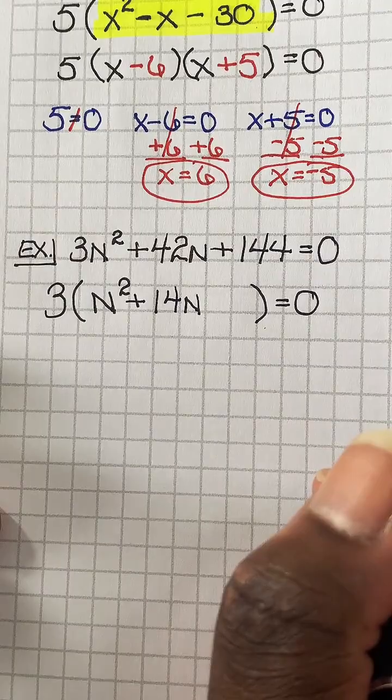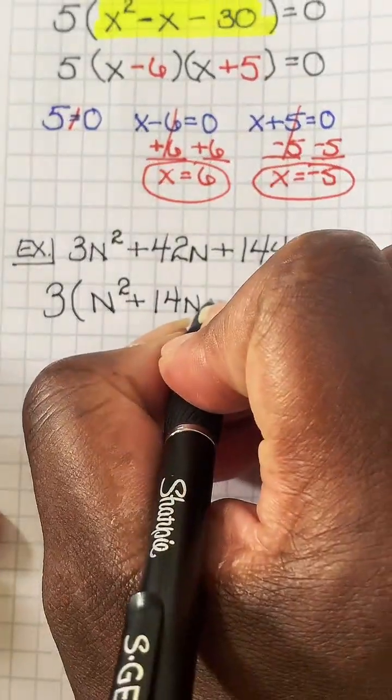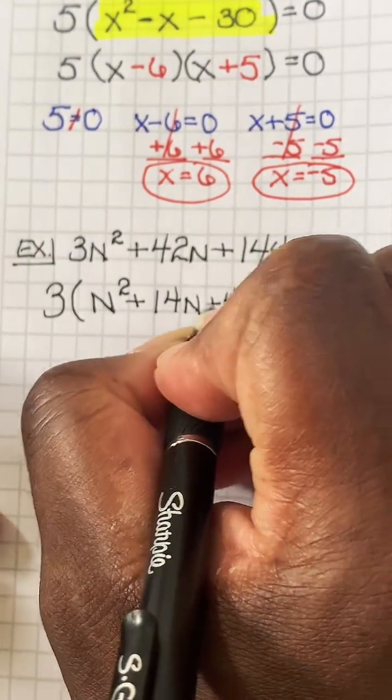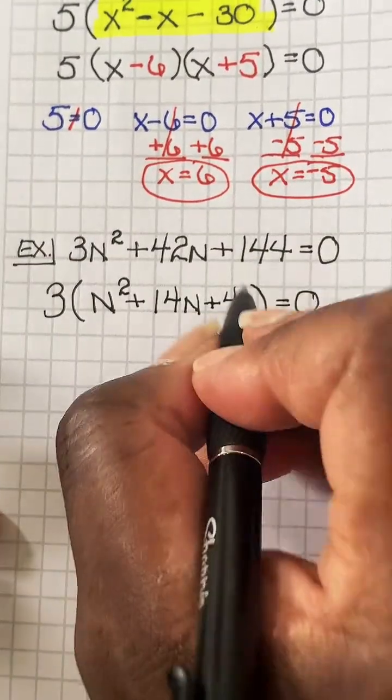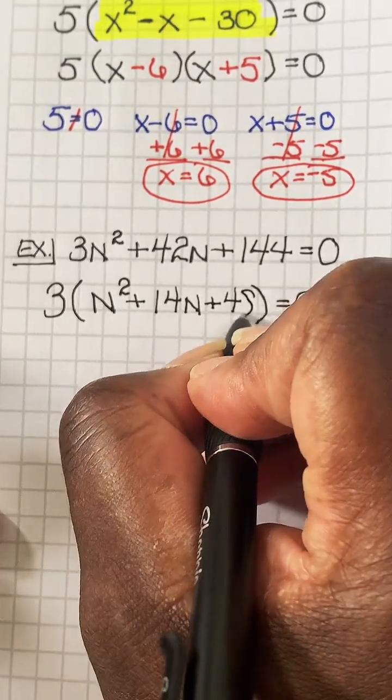And 144 divided by 3, what goes in there? 4 times 12, 24 to 48. Yeah, 48.